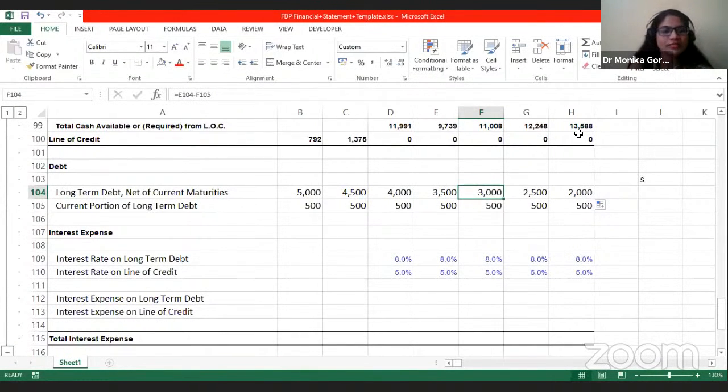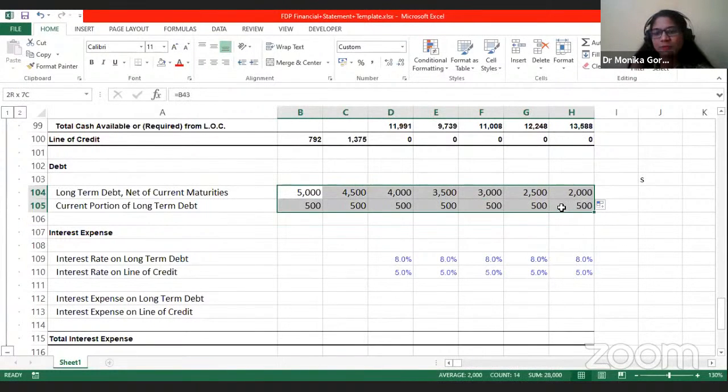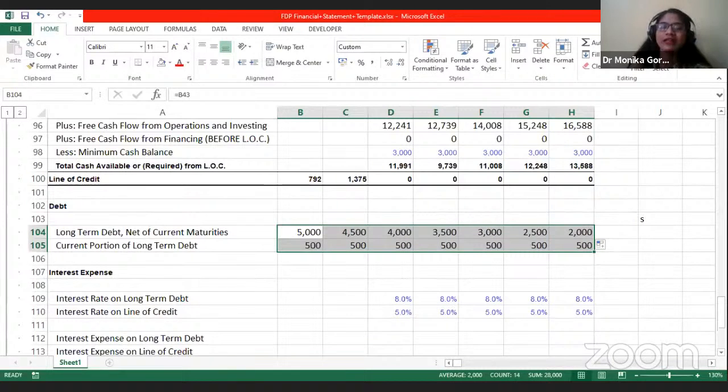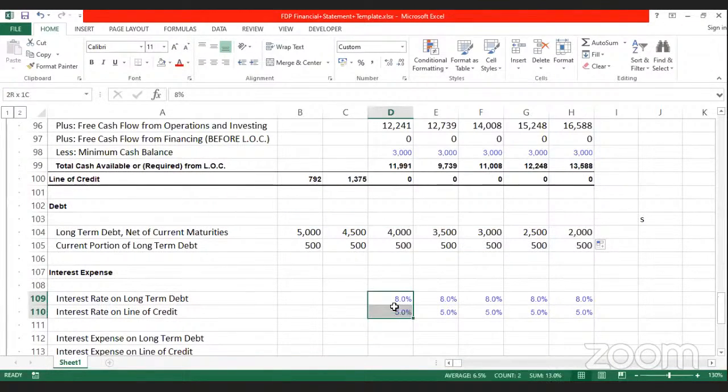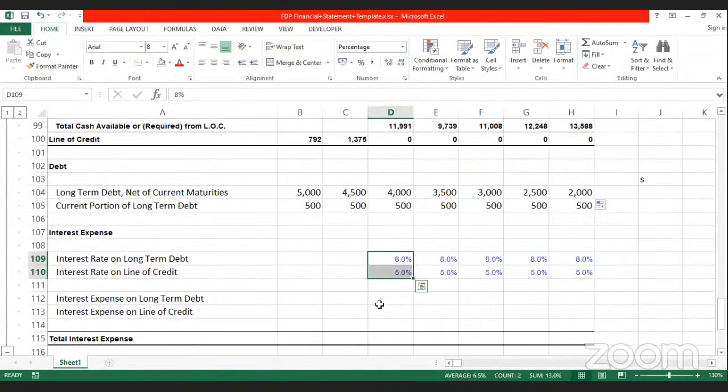Next important is, with the help of these figures, I'll come to know the actual amount of interest which I have to pay. These are the assumptions which we have made. So how are we going to do the interest calculation? Interest on long-term debts: these are the amounts we have to consider for applying the interest rate, 4,500, 4,500, and this is 3,000.